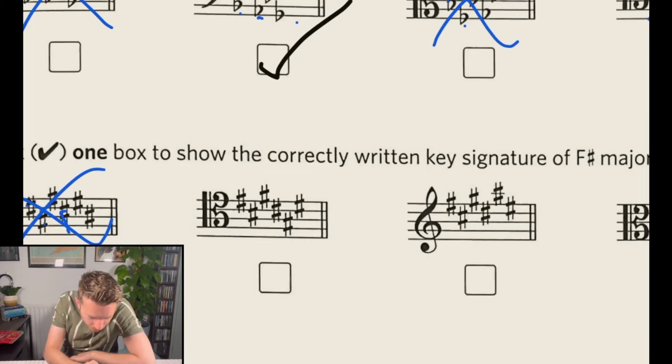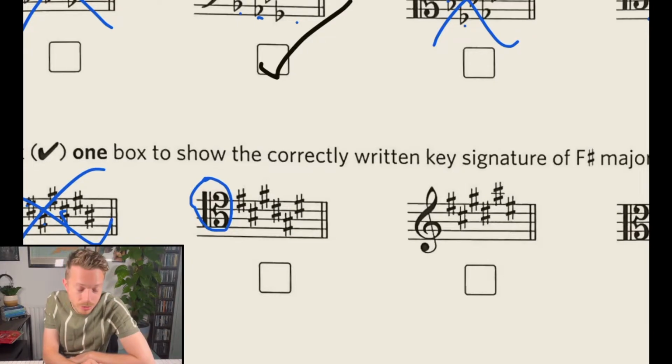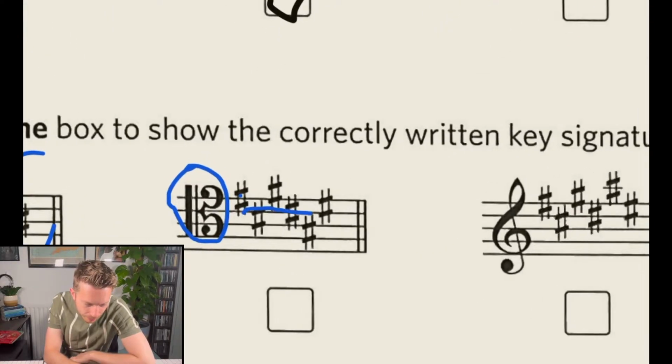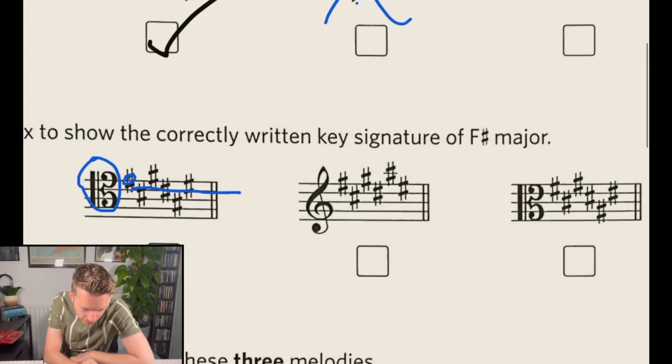Okay, so here we're in the tenor clef, which is sometimes used by trombones and cellos. Probably more cellos than trombones, but it's not really used that commonly anymore. The first one we have here is an E. Middle C in the tenor clef is on that line, so that means that's an E.